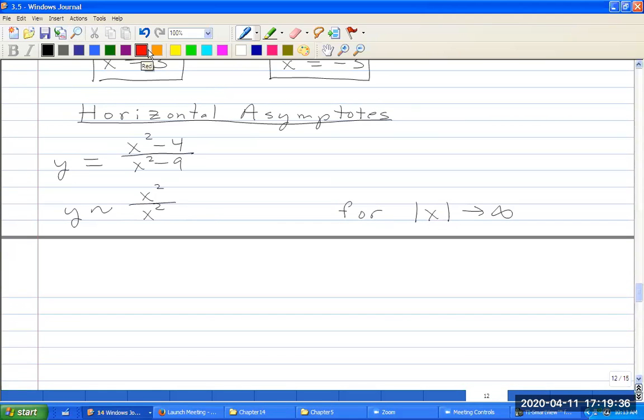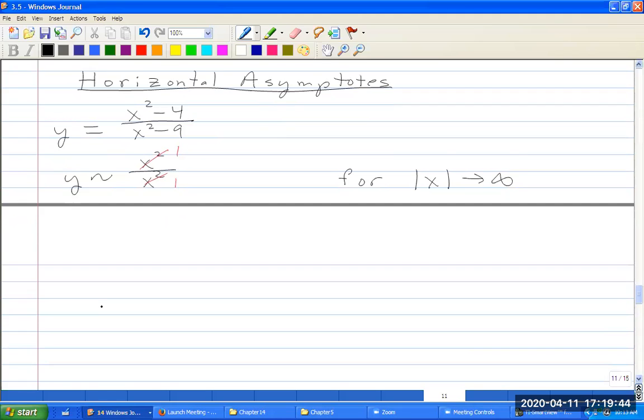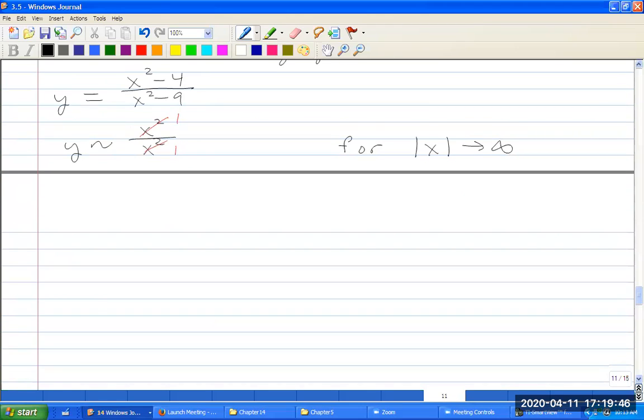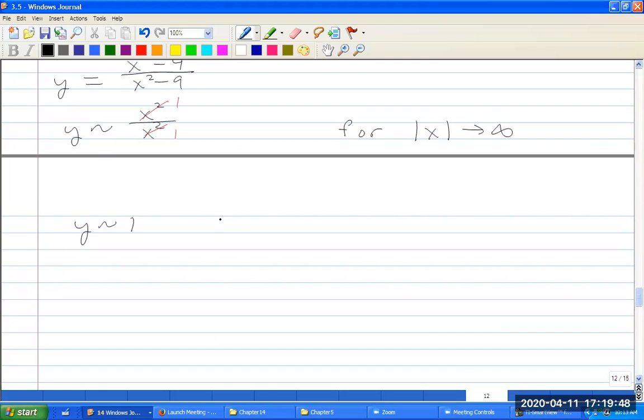So I can cancel this and get 1 over 1. So y is asymptotic to 1 as x approaches infinity. Therefore, the horizontal asymptote is just y equals 1.